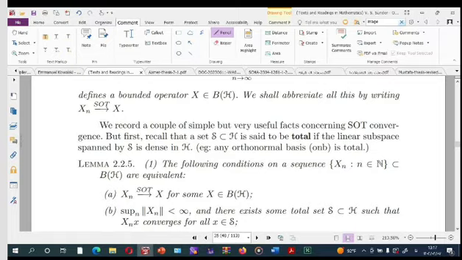We record a couple of simple but very useful facts concerning SOT convergence. But first recall that a set S, a subset of H, is said to be total if the linear space spanned by S is dense in H.